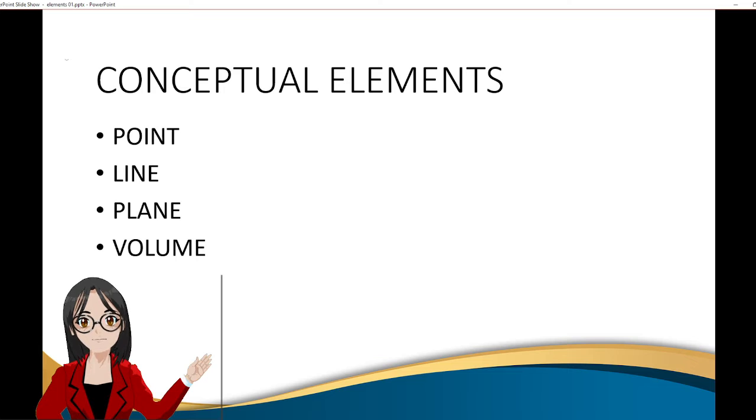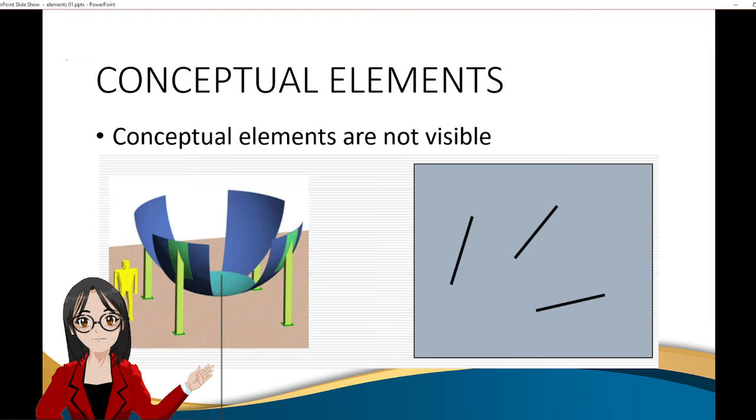First, the conceptual elements: we have point, line, plane, and volume. First is the conceptual point. Conceptual elements are not visible.